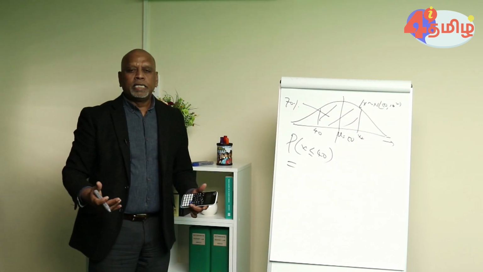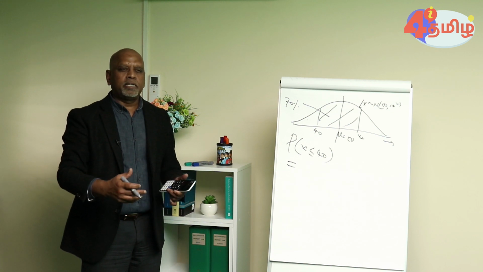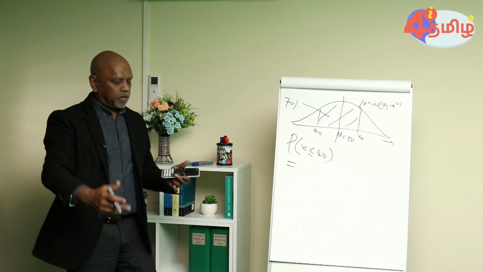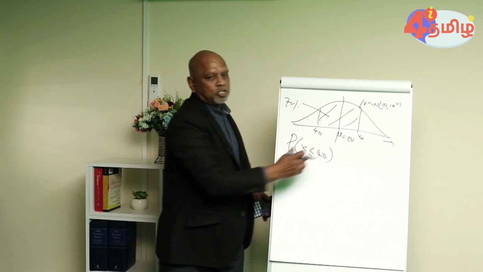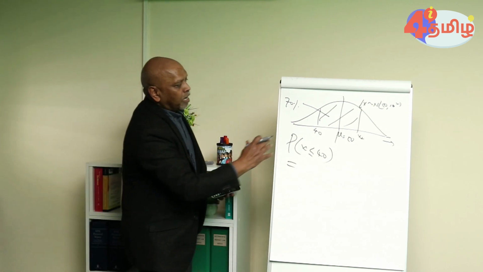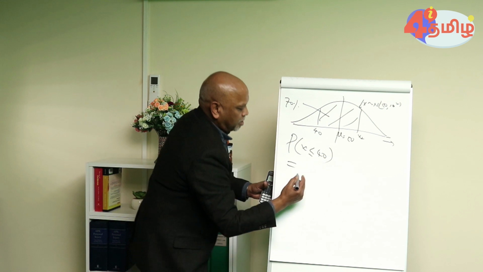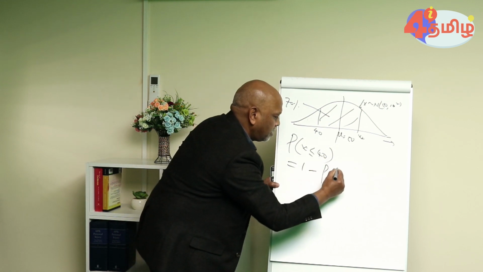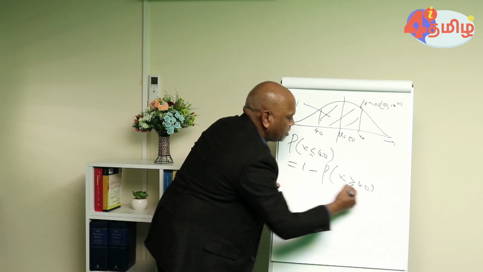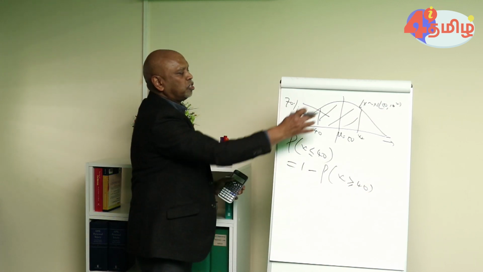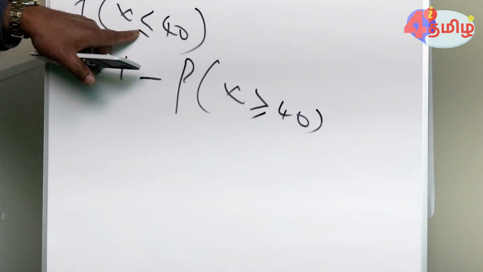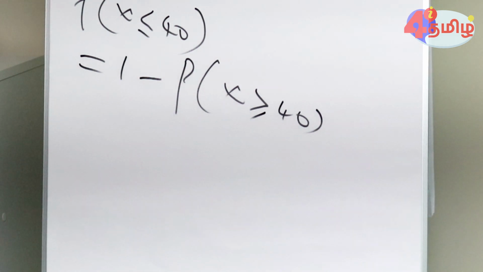Easy, isn't it? Say 3 equals 10 minus 7 as well. We know the whole area is 1, and this area is less than that, so I write 1 minus the other area: 1 minus P(x greater than 40). You don't write equal here because this is continuous data. You do not think of equal or less; less than and less than or equal are both the same.